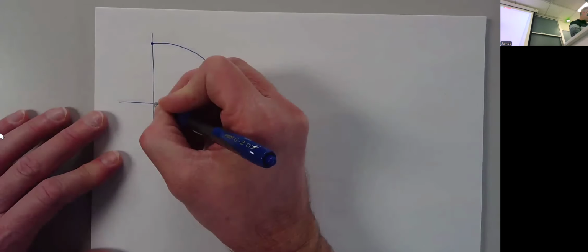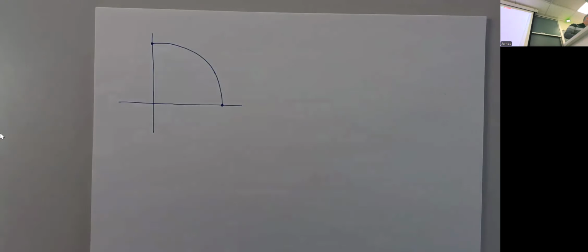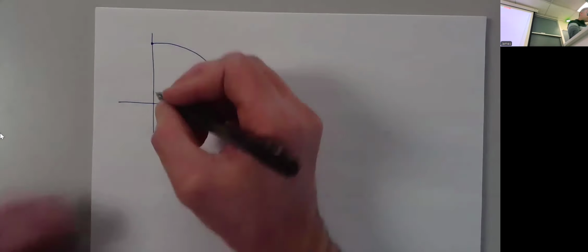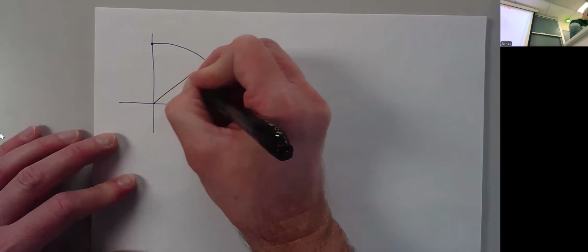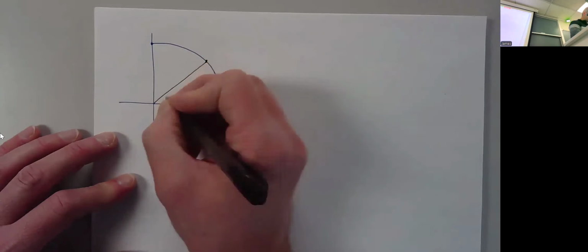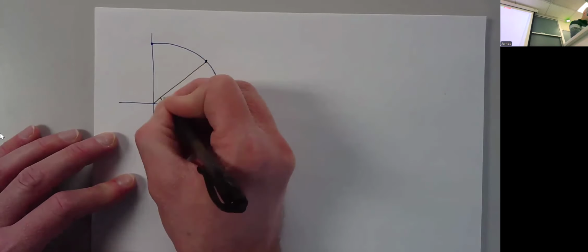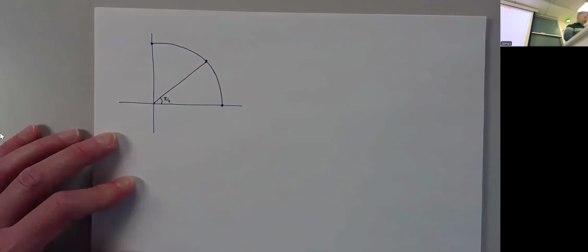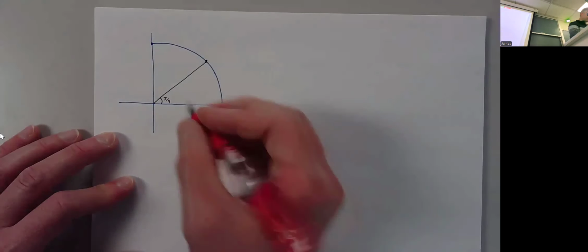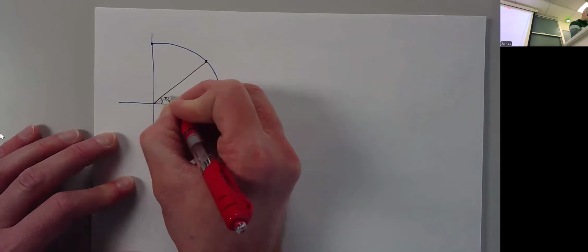So let's see, let's use a different color here. Let's use lots of different colors. So here's my 45-degree angle, cutting it right in half. And that's pi over 4 radians. And then we also have the smaller angle, pi over 6, which is 30 degrees.